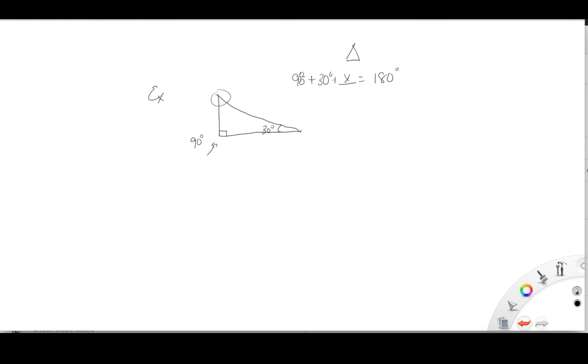So 90, make it better, 90. There we go. Plus 30 equals 120 degrees. Plus X equals 180 degrees. So how can I find out what X is? If I subtract 120 degrees from both sides, what's left over here?